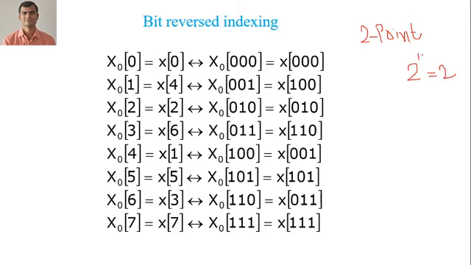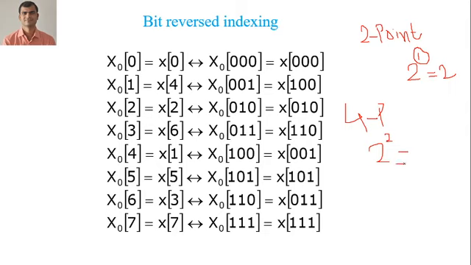This 1 is nothing but the stage index, or you can say the number of bits required to represent each sample, or while drawing the butterfly diagram it can be considered as the number of stages. When capital N is equal to 4 points, 2 raised to 2 is equal to 4.